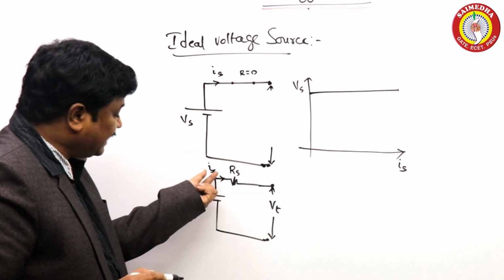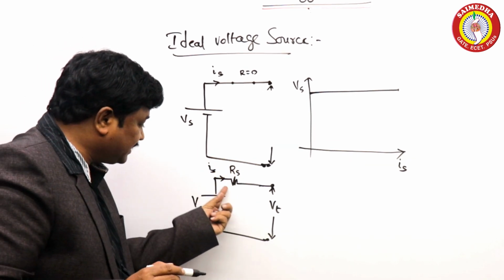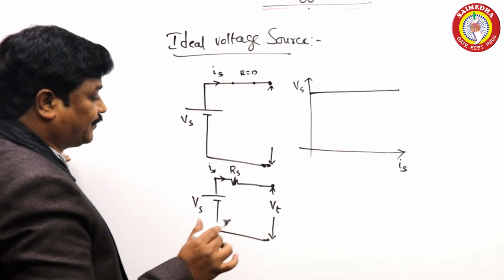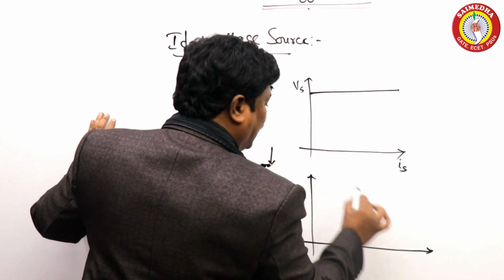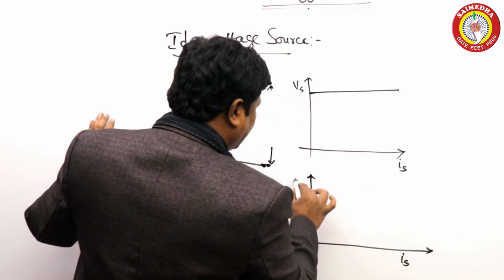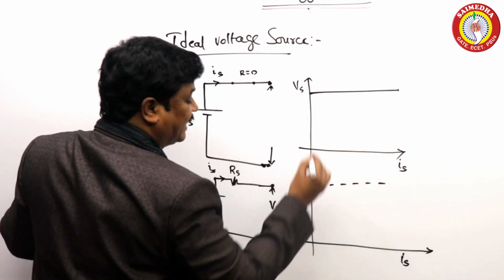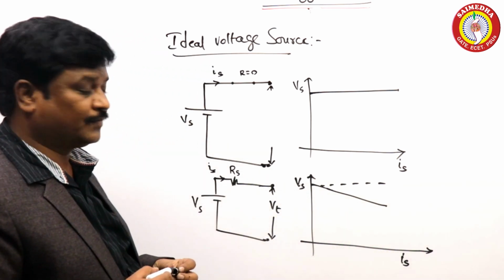Is into Rs increases, the drop across this increases, and the terminal voltage is reduced. In the characteristics, this is Is and this is Vs. The ideal line is like this, as we already discussed. Practically the drop becomes like this.